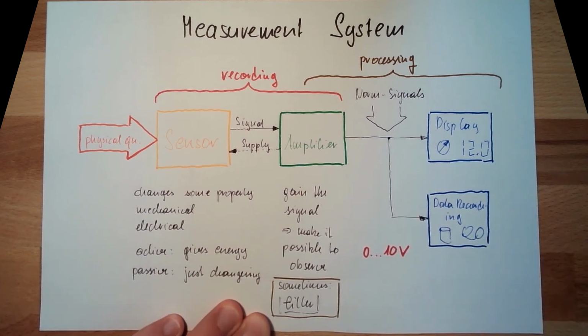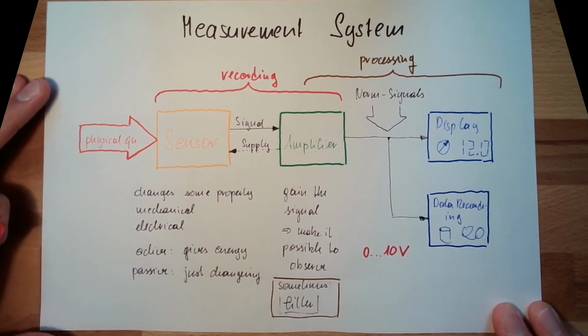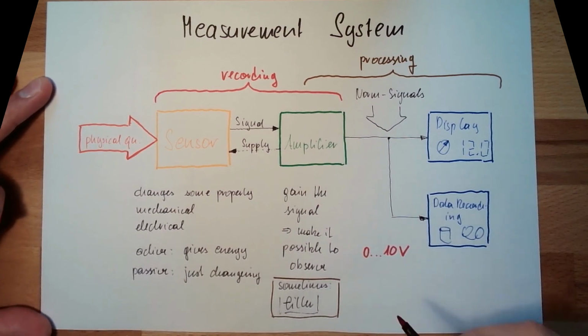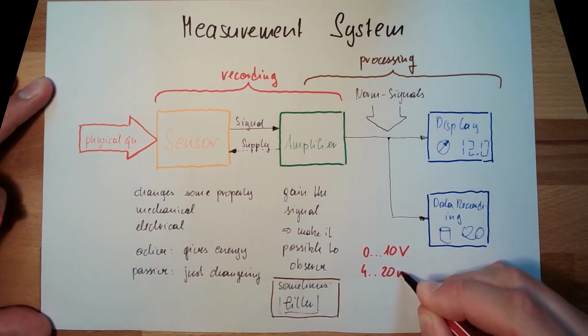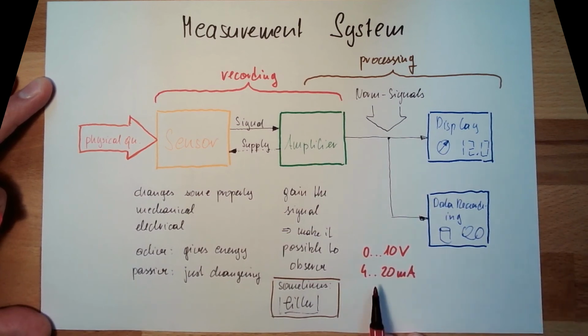Yeah, 0 means 0, 10 volt means maximum. This is one possible voltage signal. There are also current signals, for instance 4 to 20 milliamps. Yeah? 4 milliamps means 0, 20 milliamps means maximum.